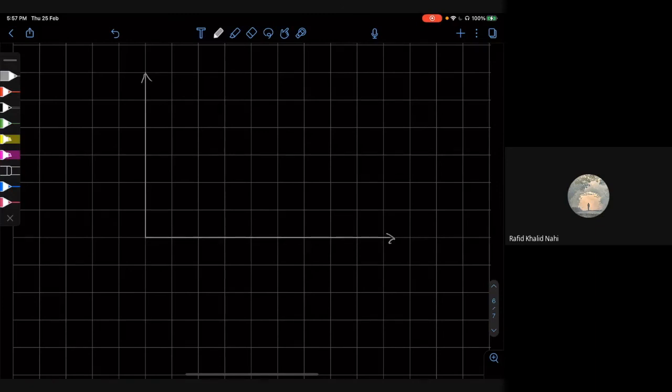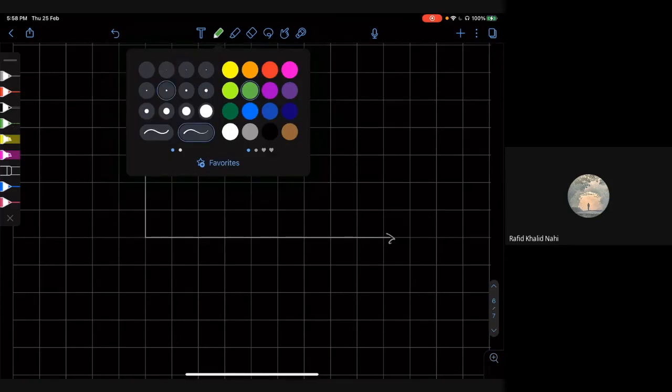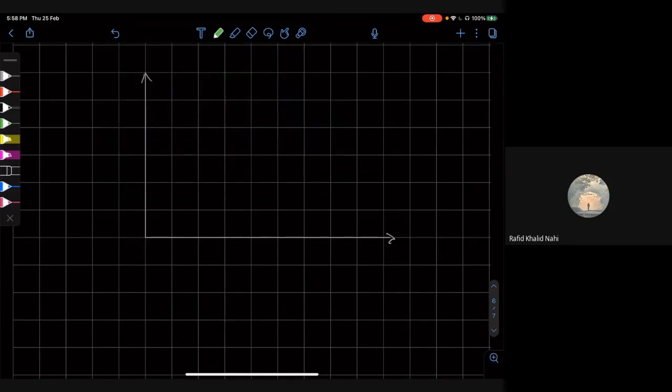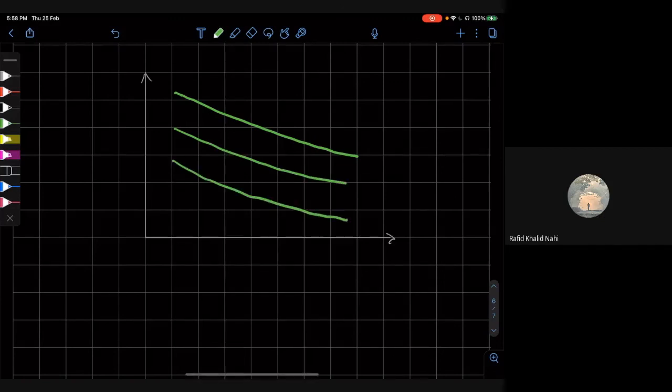it looks something like this. So the isotherms are something like this. And the adiabats are something like this. Okay, so these are the isotherms.